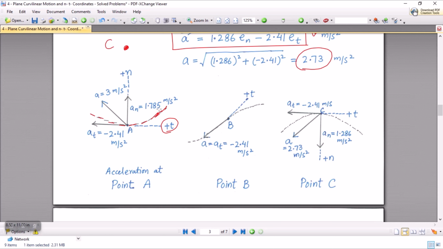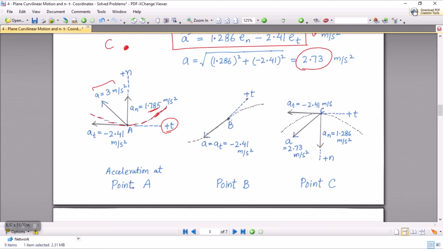A sub n was positive, so it should be upward towards center of curvature, and its value was 1.785. We calculated that. A sub t was negative, and it was having a magnitude of 2.41. So I draw it towards negative t direction, and the magnitude is 2.41, which should give me the direction of resultant somewhere diagonal between both components, and the magnitude of that diagonal or total acceleration was also given in the problem, that was 3 meter per second square.